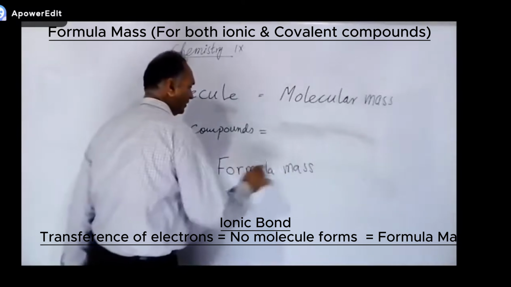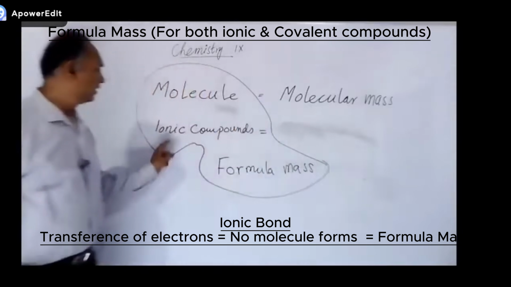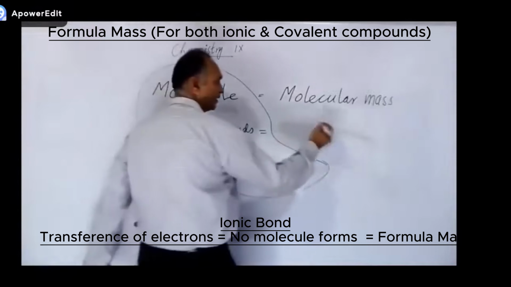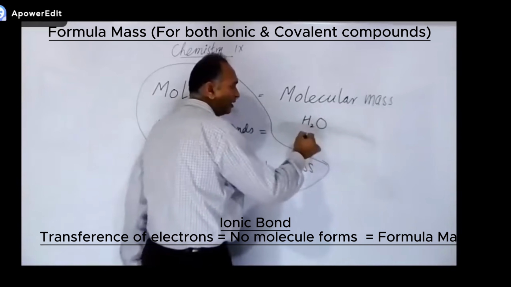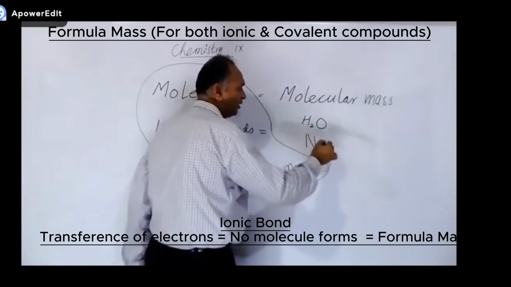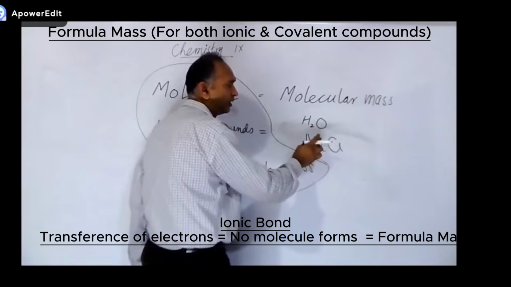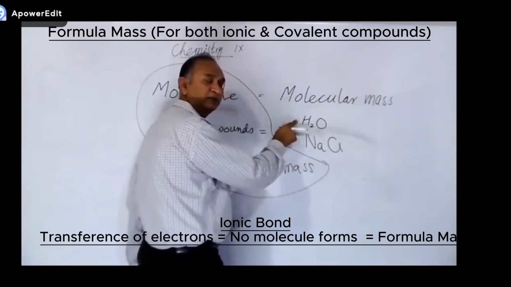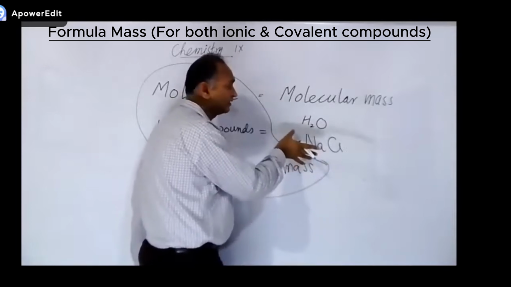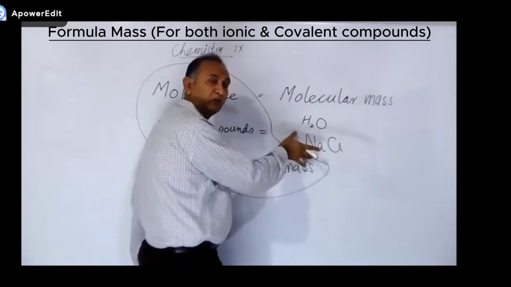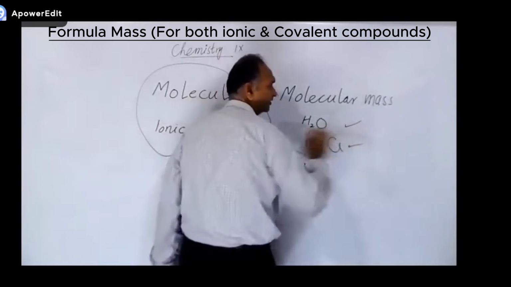Formula mass is not only for ionic compounds but also for molecular compounds. For example, this is water, molecular mass. This is sodium chloride, ionic. What will we call its mass? We can't say its mass is molecular mass because it is an ionic compound. So what do we call it? We call it formula mass. Remember, formula mass we can use not only for this but also for this.